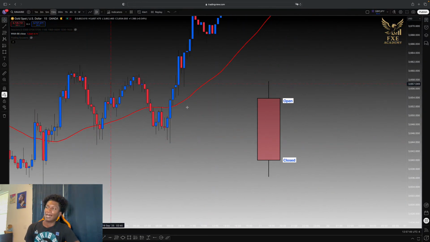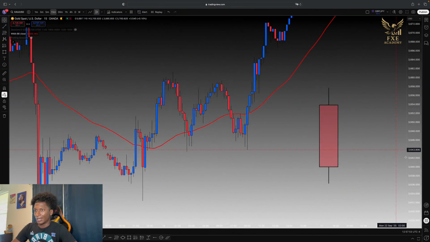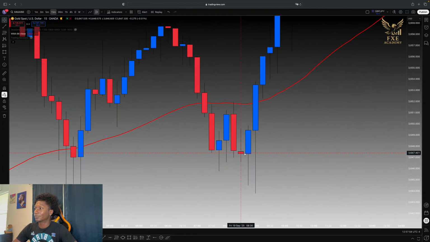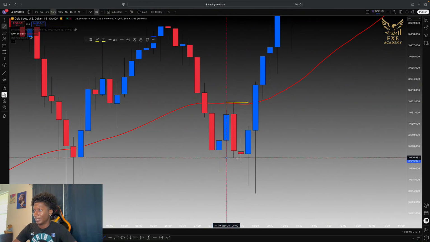Now, the way I like to use these 15-minute candles to my advantage, especially when I'm trading during highly volatile sessions, let's look at this red candle right here. If we just mark off the highs and the lows of this candle, once again, the wicks, we have a high right there, we have a low of this candle right here.